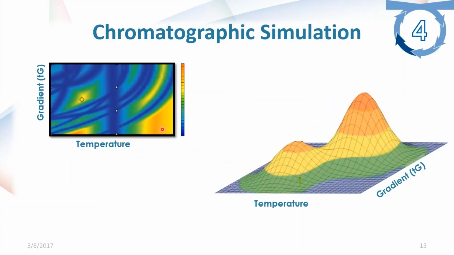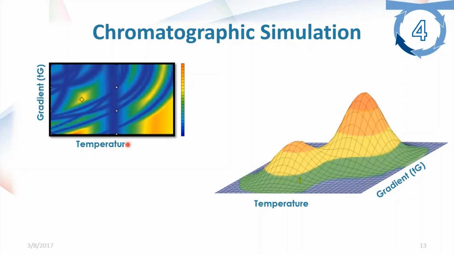Okay. The next step, step number 4, is around optimization. With our strategy, we had selected gradient and temperature optimization. And what I'm going to describe on the left-hand side is a two-dimensional graph, which is the gradient time versus the temperature.